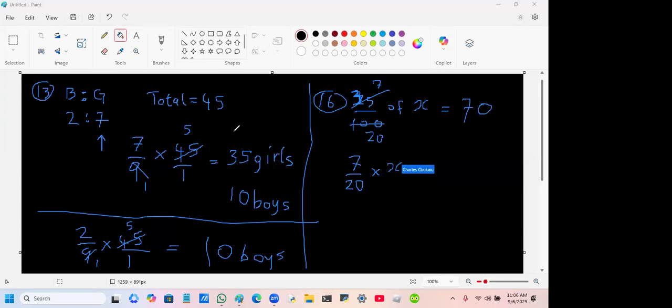So it now looks simpler like this. You remember how I did that last one? You just multiply the numbers on the top. 7 times x is 7x, all over 20 equals 70.